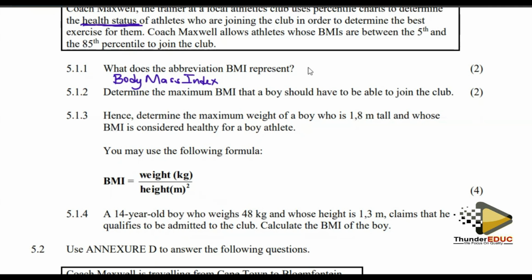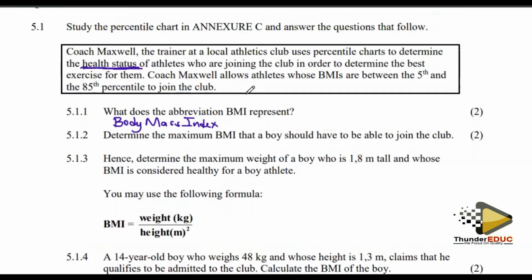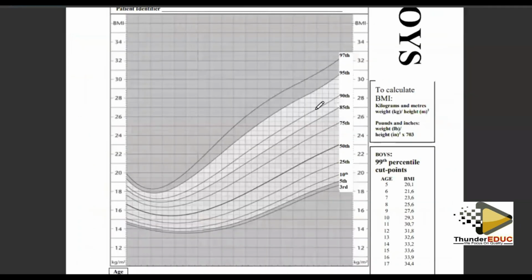Hence, determine the maximum BMI that a boy should have to be able to join this. So to join the club. Determine the maximum. So the maximum BMI a boy should have, you remember they said between, the lowest has to be on the 5th percentile and the highest has to be on the 85th percentile. Let's go to the next year.